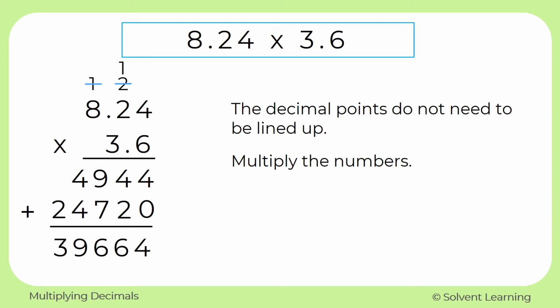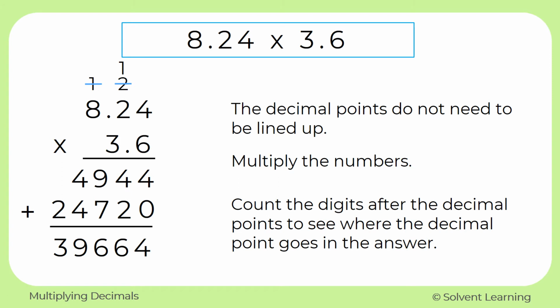That's what we need to figure out now, where that decimal point will go in our product. To figure that out, we need to count how many digits are after the decimal points in the numbers that we multiplied. If we look at the numbers that we were multiplying, we have 8.24. That has 2 digits after the decimal point, and then 3.6 has 1 digit after the decimal point.